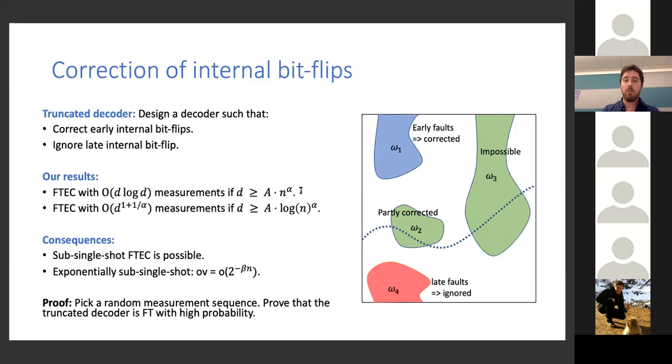So if you take a polynomial minimum distance, which is square root of n, for instance, then you get a sub-single shot sequence, a sequence whose length is smaller than the number of measurements defining the code. And in the case of polylog minimum distance, you get a sequence that is exponentially smaller.